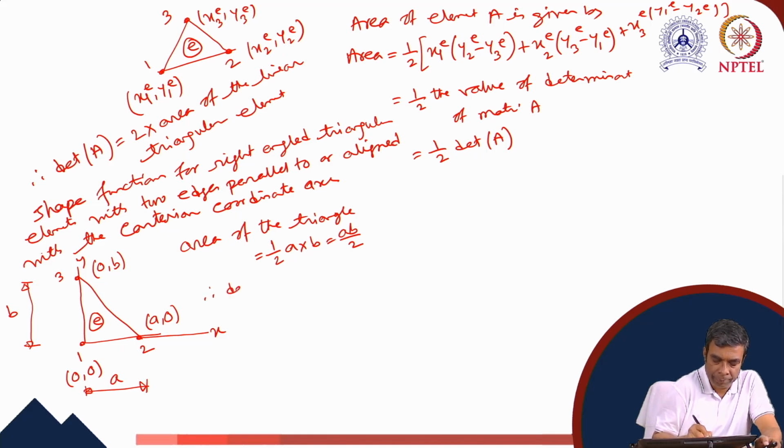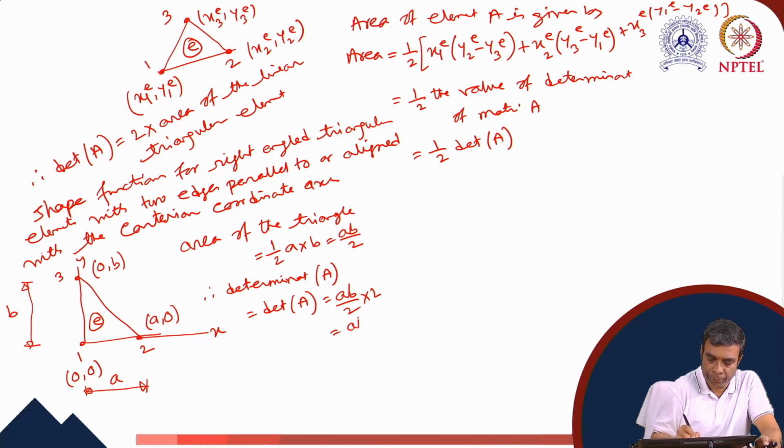Therefore, determinant A equals ab by 2 into 2 equals ab, where A equals the matrix 1 x1e y1e, 1 x2e y2e, 1 x3e y3e.